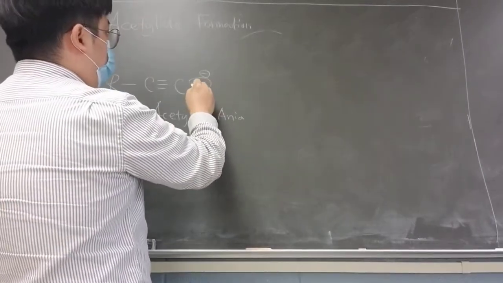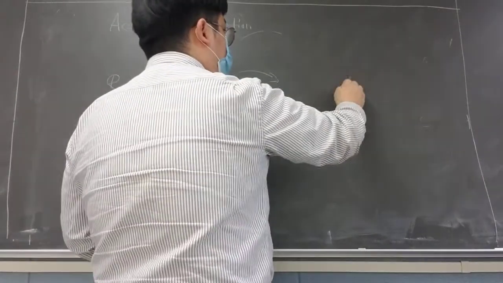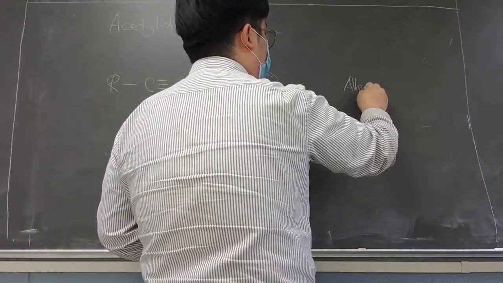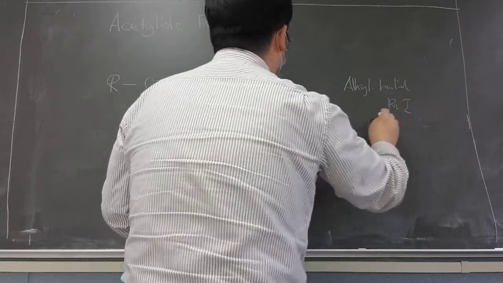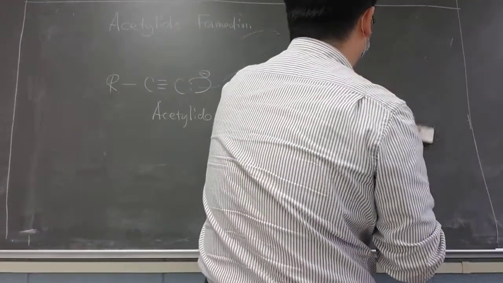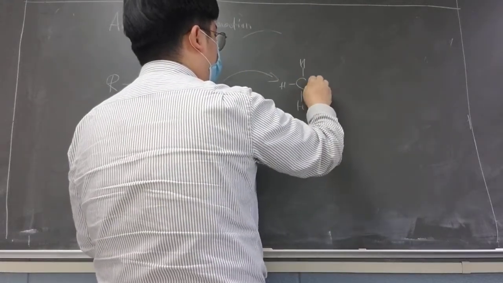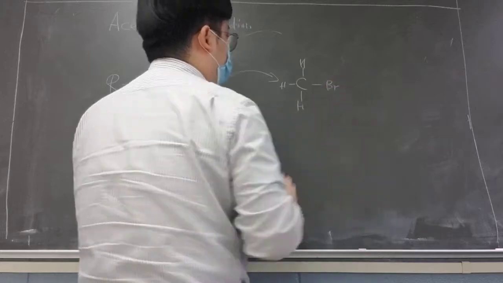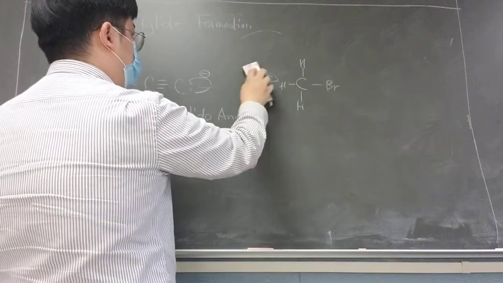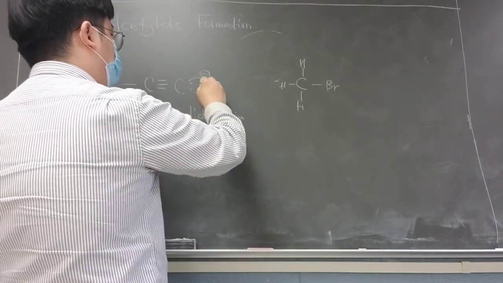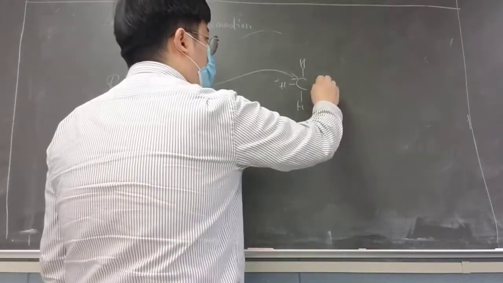So anyway, this is why they want to take the alkyl halide form. Normally it's bromine or iodine. So for example, I can give you one example, bromomethane here, and the anion will try to take the nucleus, because it's negative. They're looking for something positive, so they take this carbon nucleus, and then it goes to this one.